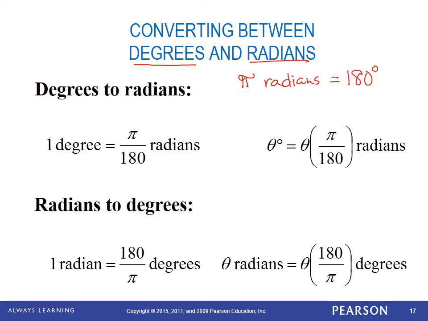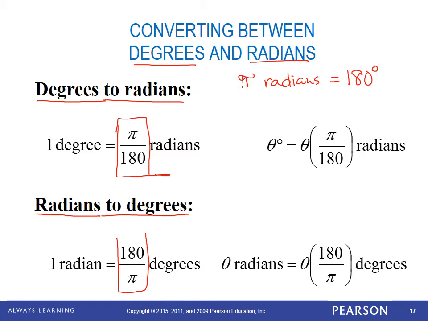If we're converting from degrees to radians, what we do is we take a multiplier, and we multiply by pi over 180. If we're trying to get from radians back to degrees, what we do is we multiply by 180 over pi. And we'll see that in the following examples in just a bit.